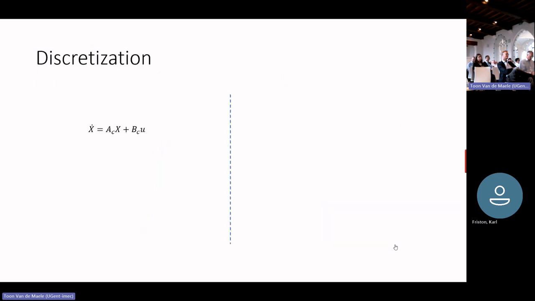How would you do that? And now I'm using a subscript C to represent the continuous time model. What you saw before was a continuous differential equation and then an LTI model, which is also in the continuous space.